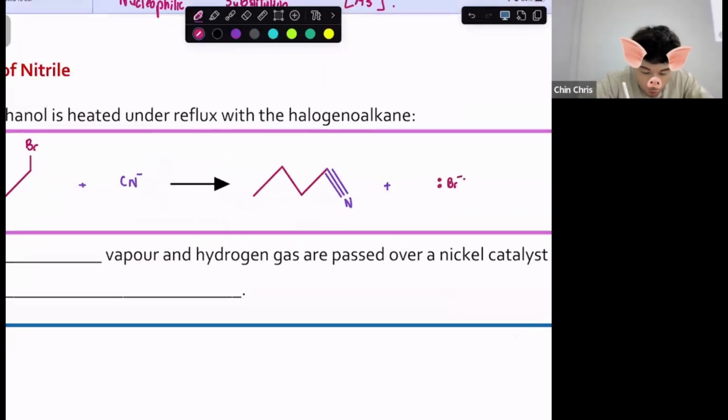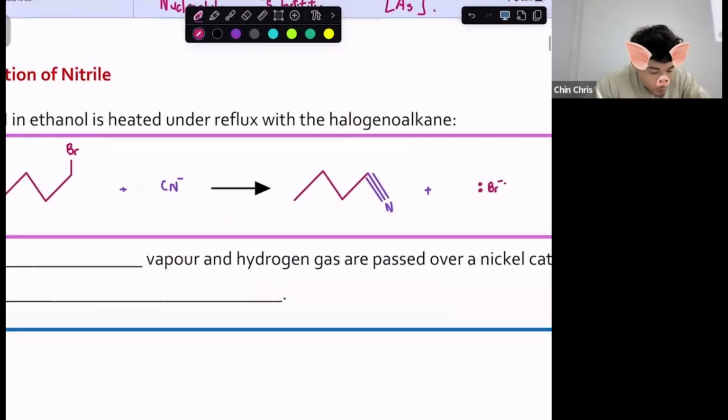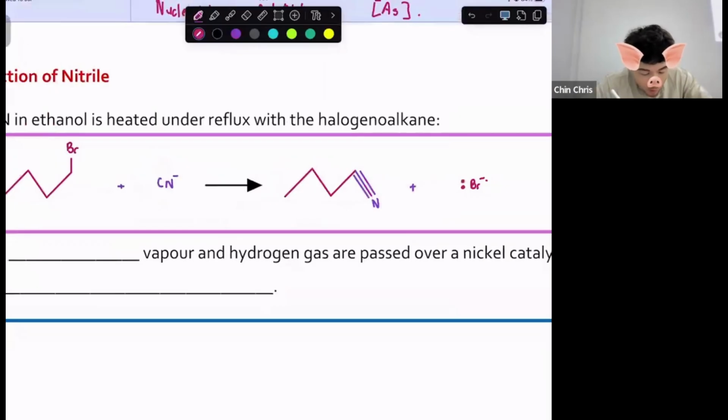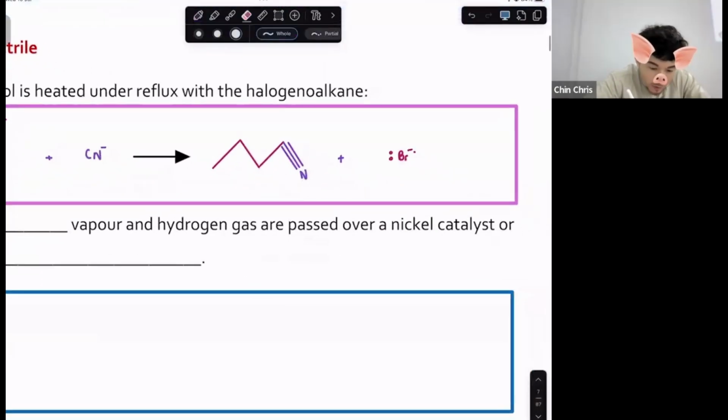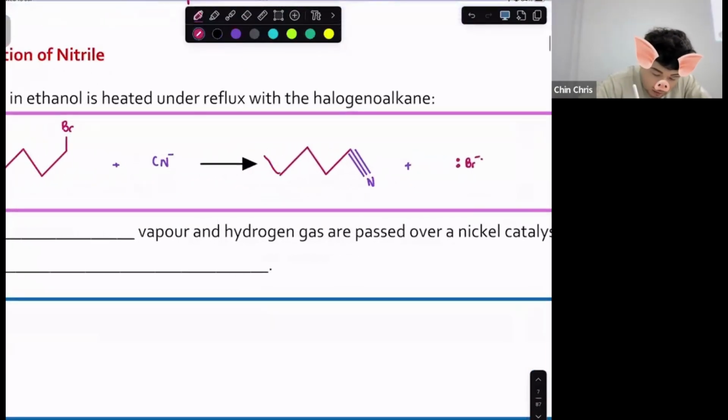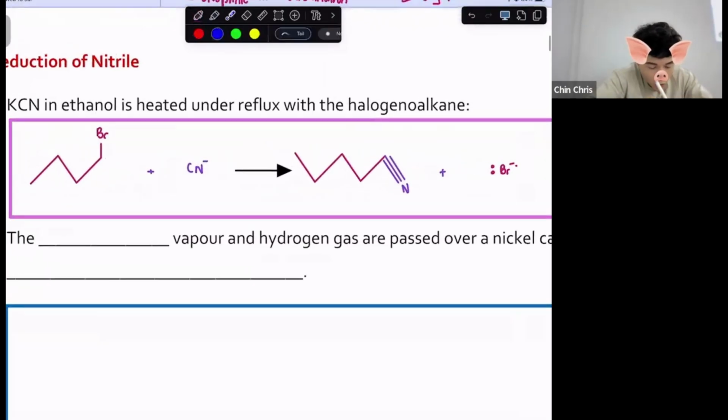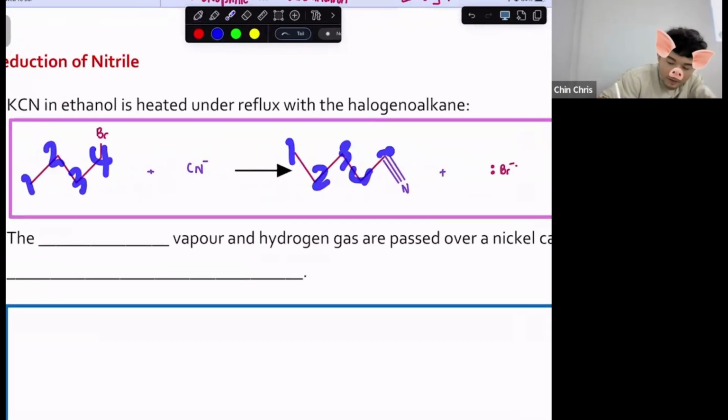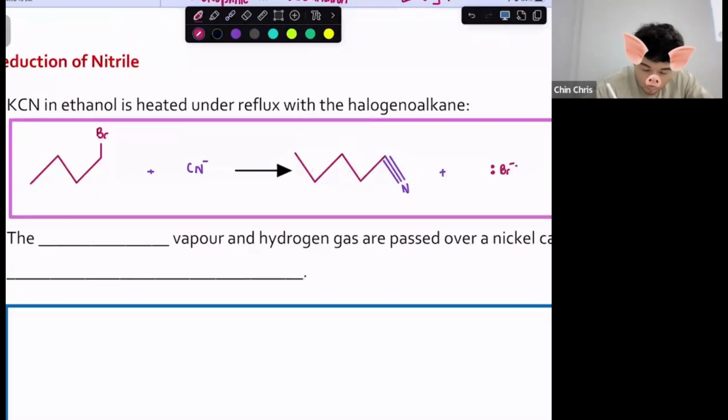So you are getting 1, 2, 3, 4. Wait a minute. Sorry, wrong already, my one carbon is missing. Now I add another one here, so 1, 2, 3, 4 turns into 1, 2, 3, 4, 5. So this will be a butanenitrile.